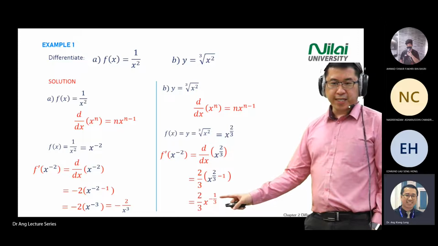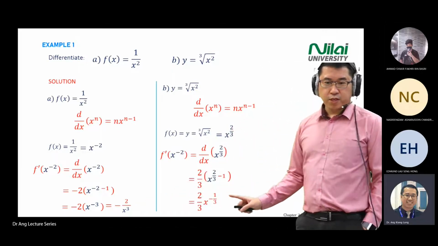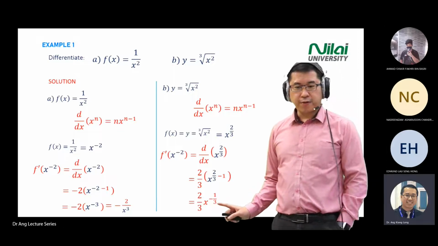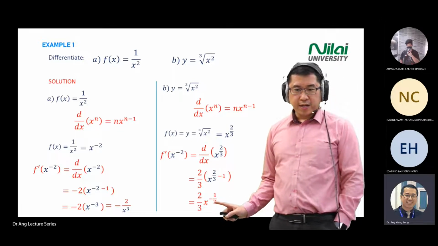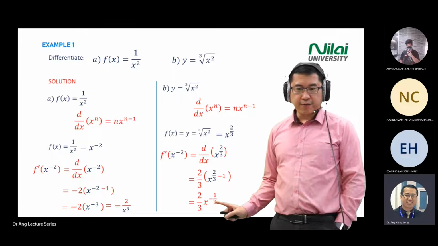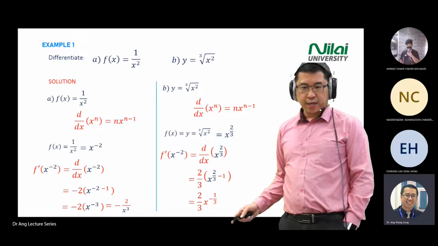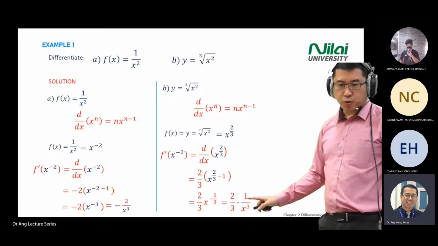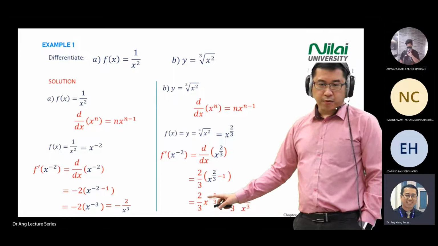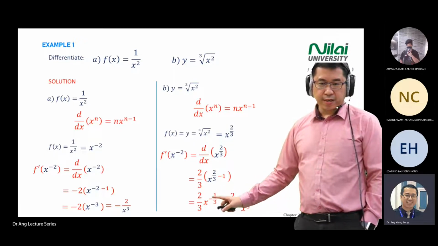Again, you can stay with your answer in this form, or you can write in the fraction form. If you expand this one, minus 1 over 3, if you get a negative there, it means 1 over something. It will equal to 1 over something.